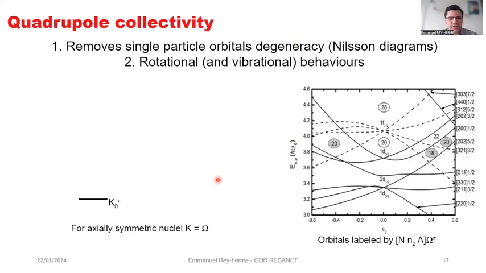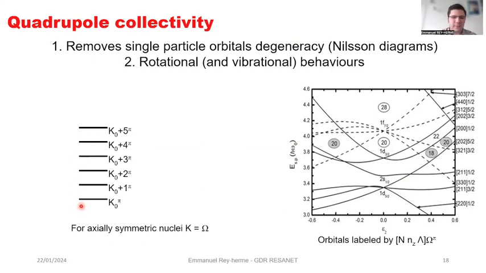When you have a rotational behavior, if you take one of these orbitals here, you have a state associated with it, and on this state a rotational band is built. This is in the general case. In specific cases, especially if this is a 0+ state, you will only have even-spin levels.